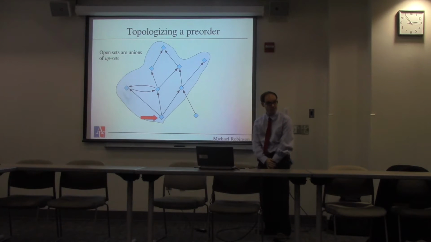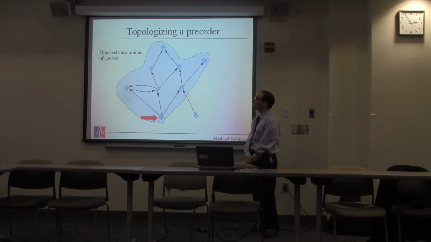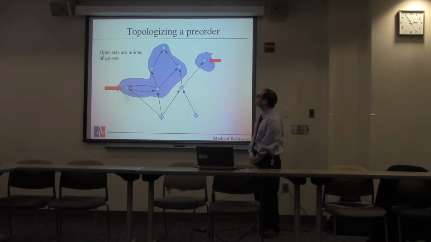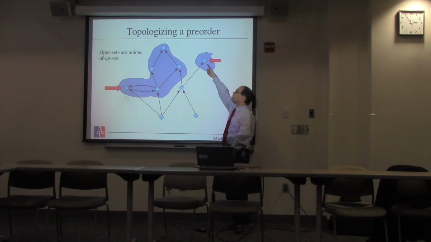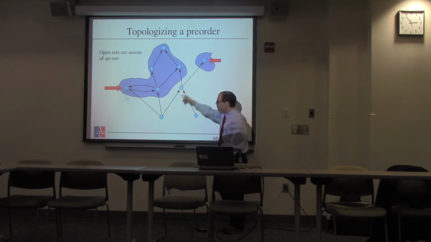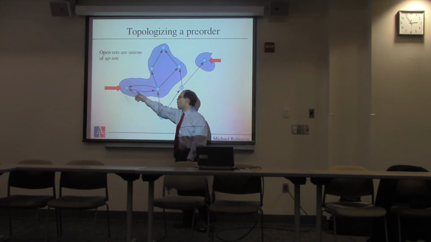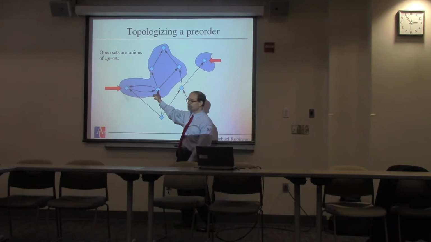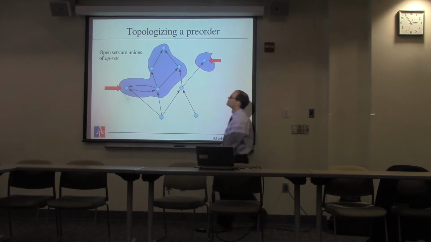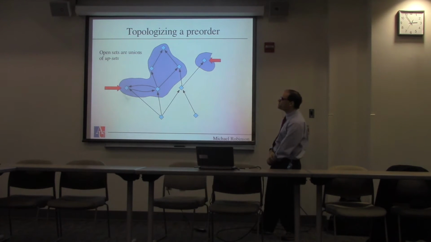Think of that as an open set. Well, there are other ones. Say I could take the union of these things to make other ones, like a union of these two. So here, this one doesn't have anything that comes after it. And if I take this guy over here, I automatically pick up the one that it's looped in with and all the rest. So the unions of these sorts of things form my open sets.